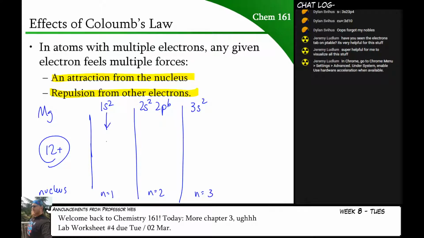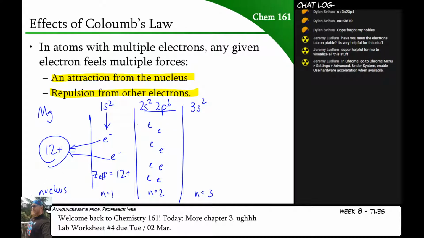So this would translate to having 2 electrons right here, and they're attracted to the nucleus. The force that they feel is equal to the full force of the nucleus. In n equals 2, I have 8 electrons, so I'm going to just put all of them here.